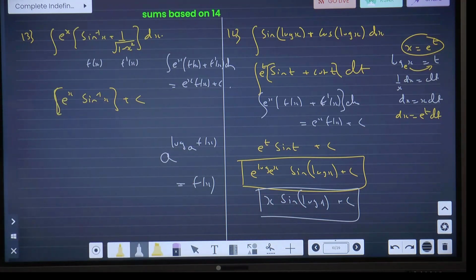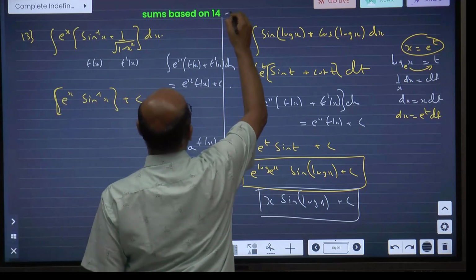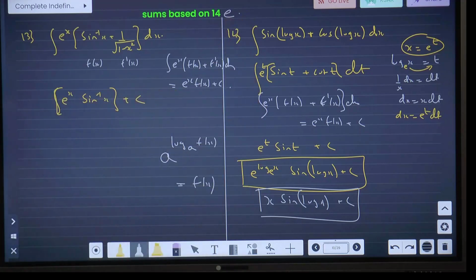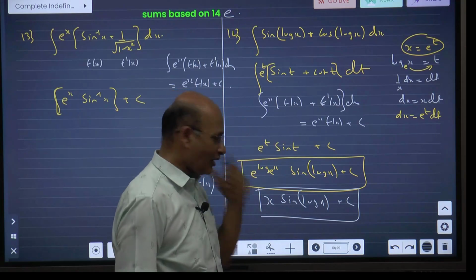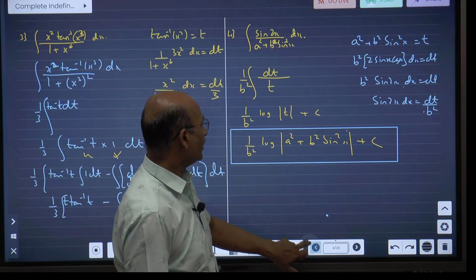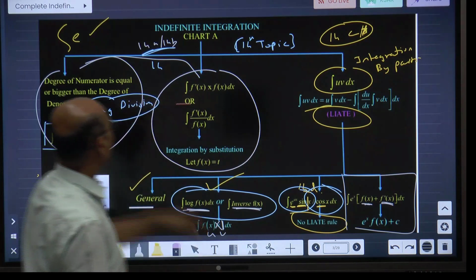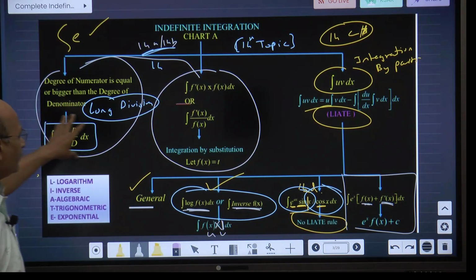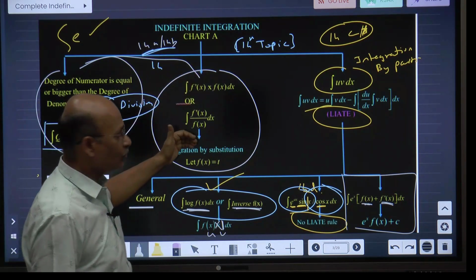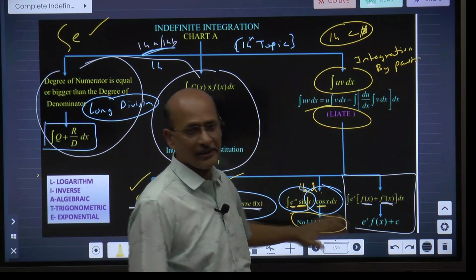Remember, this is based on the last exercise, that is 14E. Please try to understand this, work it out, and really catch up with this. Remember all the core methods we did: degree of the numerator bigger than the degree of the denominator, long division, function and derivative with substitution, UV, Liet rule, and then we work out.